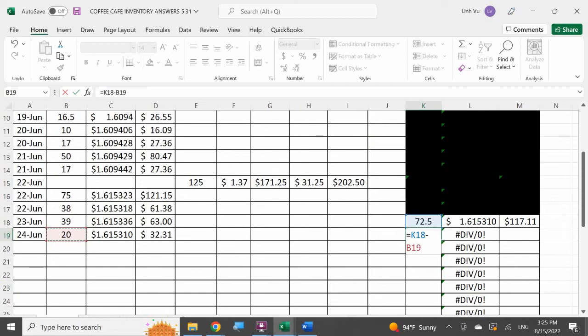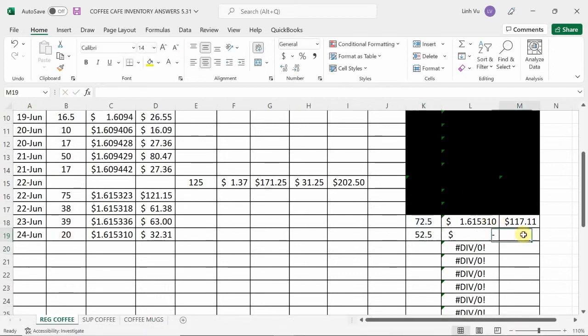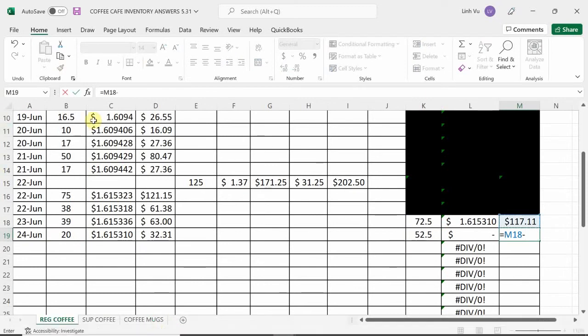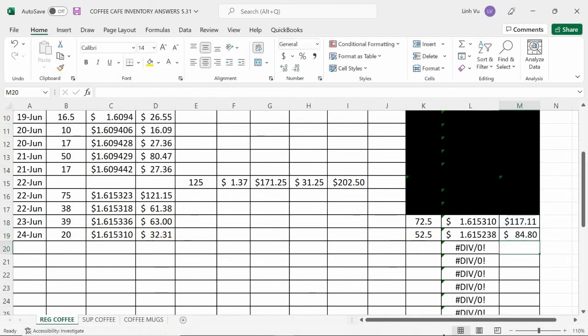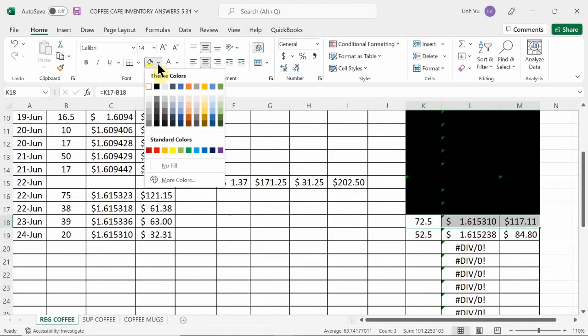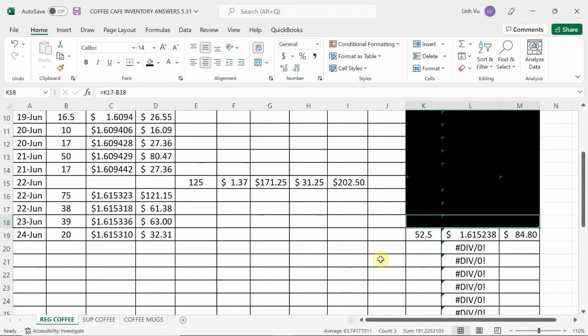Yes. So how many pounds should I have left? That would be 52.5, or $84.80? $84.80. Okay, so here my cost per item has actually shrunk.